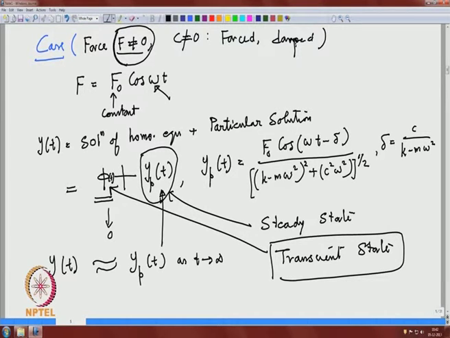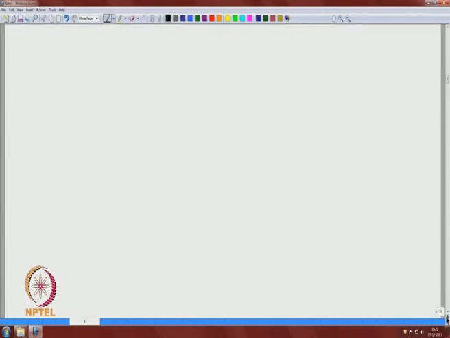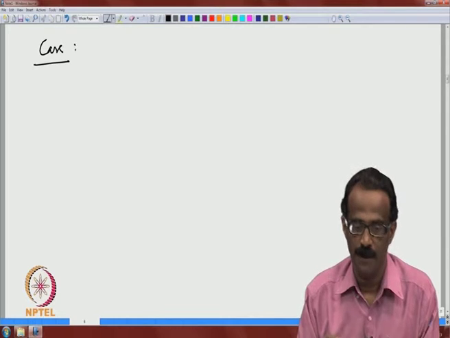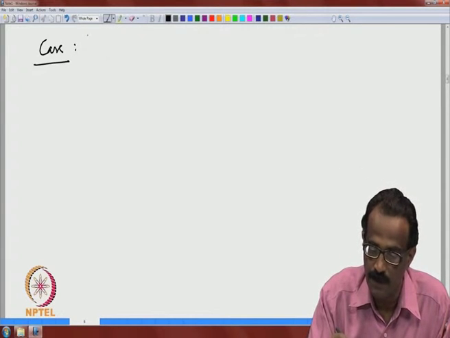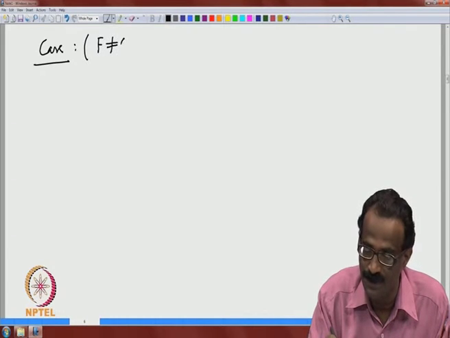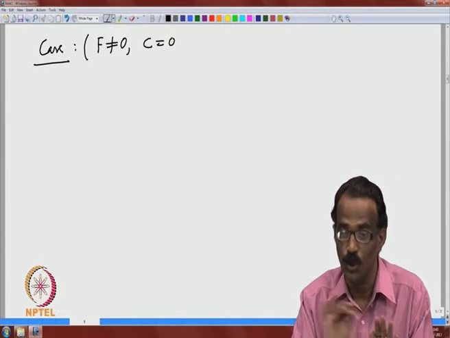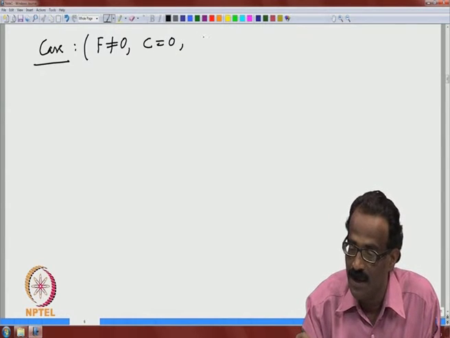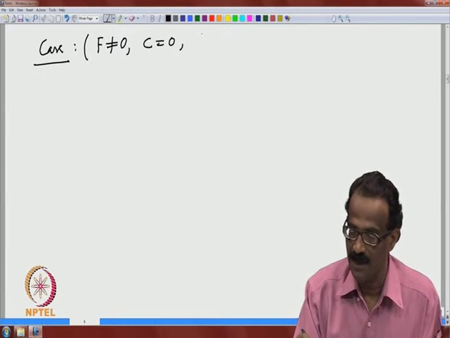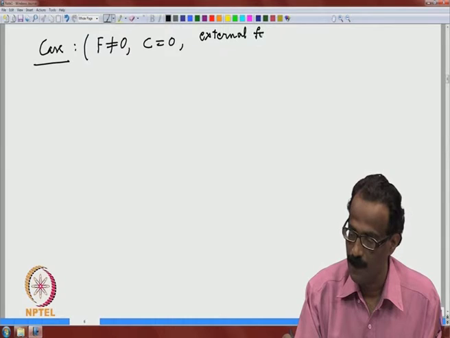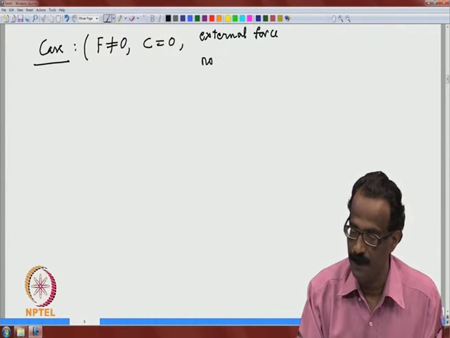So now we come to the last part, the next case, the more interesting and difficult case. This is the case where F is not equal to 0, but c equal to 0. You see, there is no damping, the external force is there, but no damping.